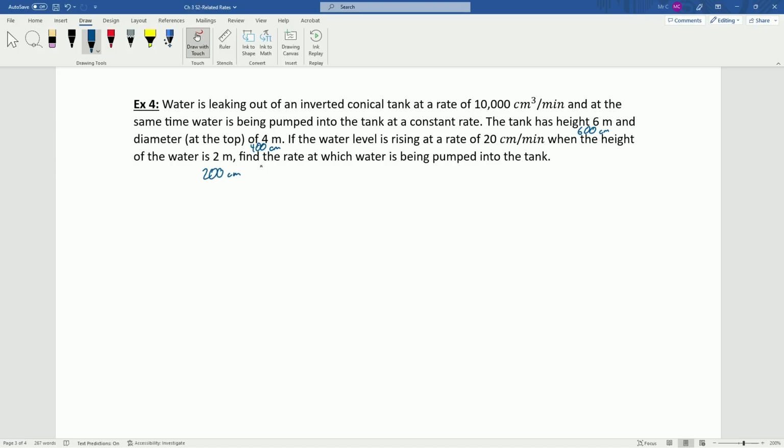And I know they're talking about a conical tank, so I'm going to draw this thing and then we're going to read this again. So we've got a conical tank, and it's got a hole at the bottom of it. It's leaking water out, so there's water coming out and there's water coming in.